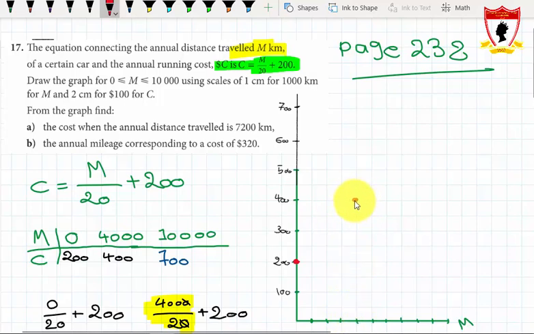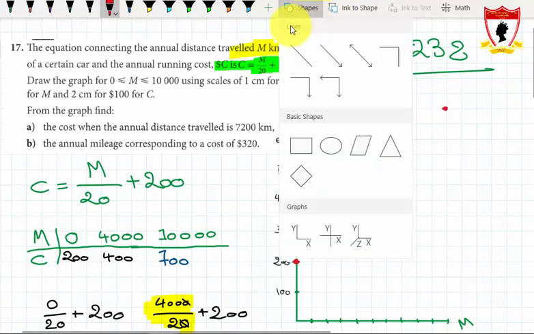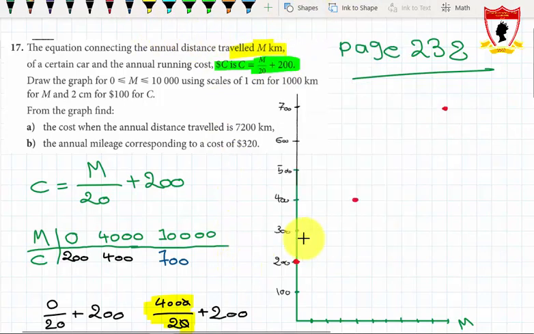It's right here. And 10,000 with 700. 10,000 and 700. Here it is. Now let's join them with a straight line. Then we will be able to answer part A and part B.